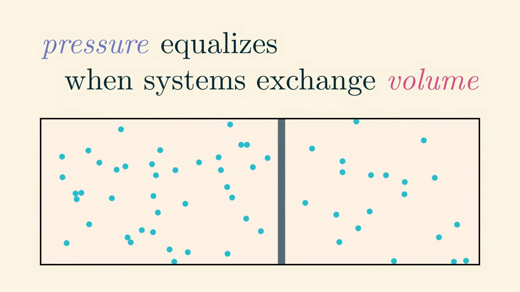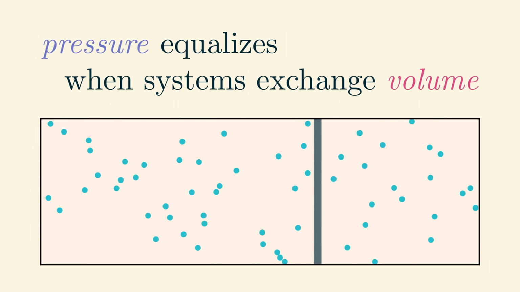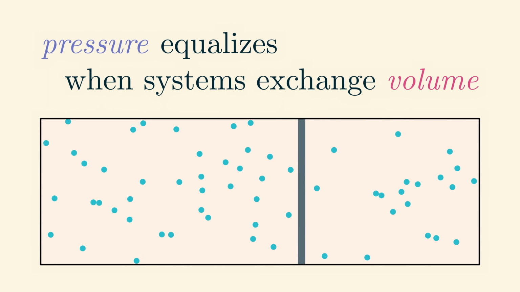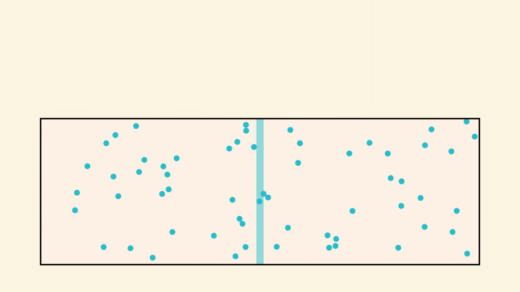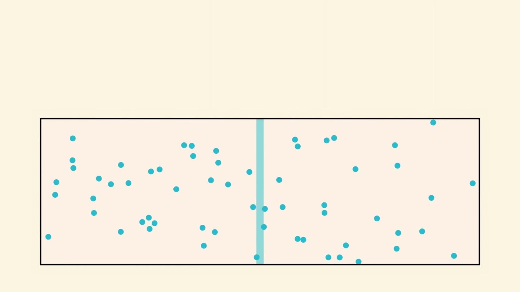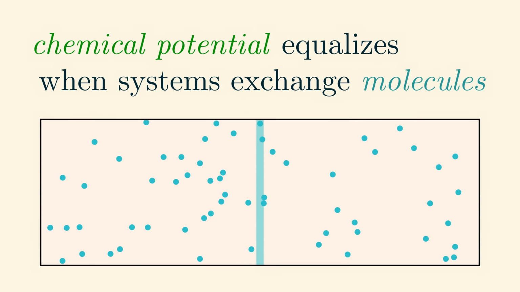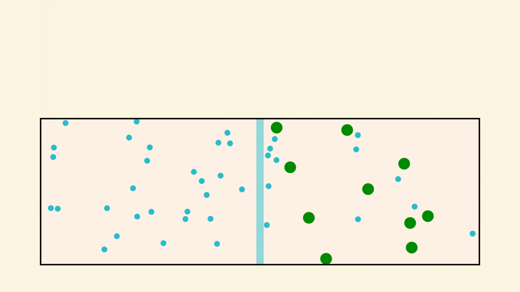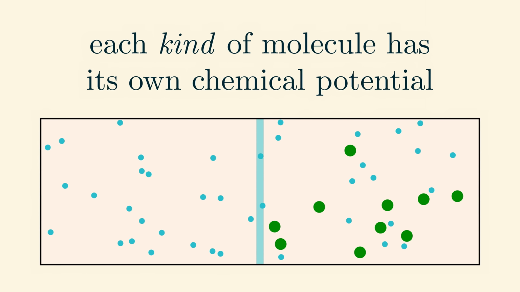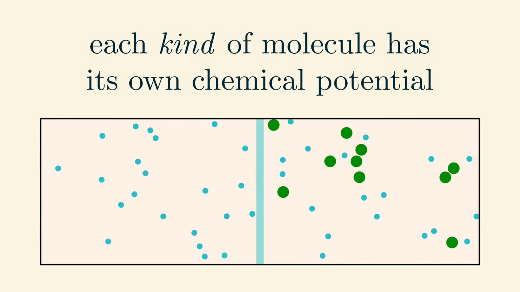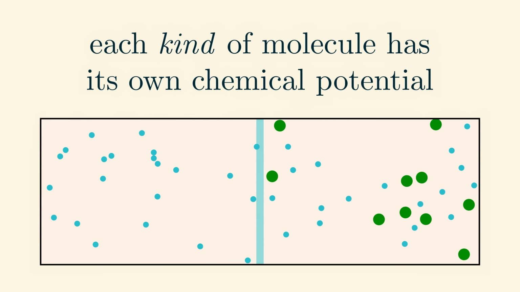But in our simulation, it might be a bit tough to expand and contract the container on the fly. Instead, we'll allow the number of molecules to change. When 2 systems are brought into contact with a permeable wall which lets molecules through, the thing which equalizes is called the chemical potential. If you have some fancy setup with multiple different kinds of molecules, each kind of molecule will have its own associated chemical potential, which will equalize when 2 systems are put into contact using a permeable wall which only lets that type of molecule through.